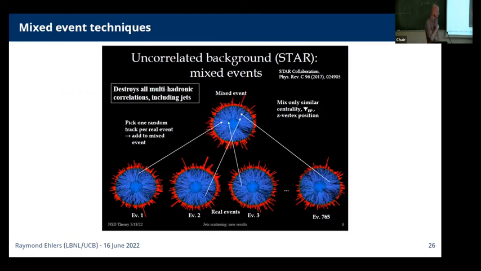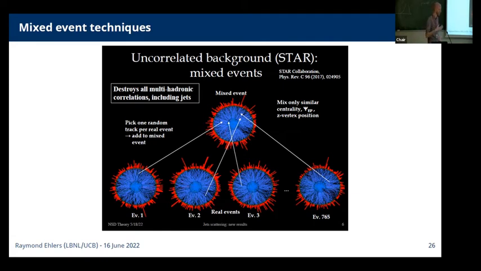Now, just as an additional thought here, this is the energy correlator, for example, an ungroomed observable. So we need a very careful treatment of the background, somewhat different than what we've done in our groomed substructure observables.